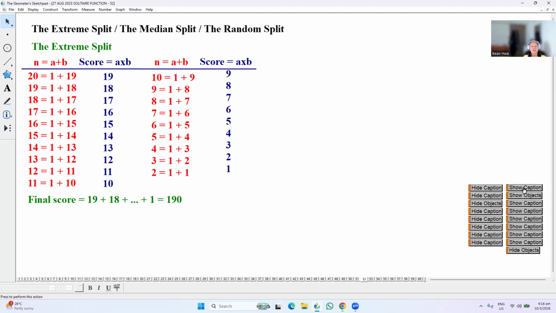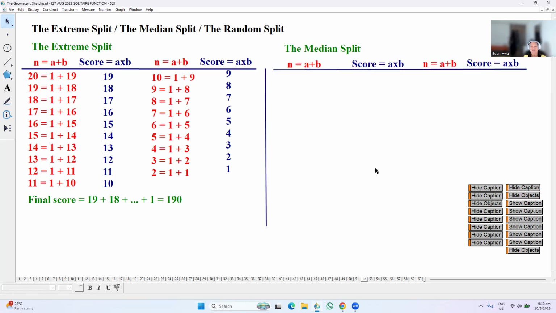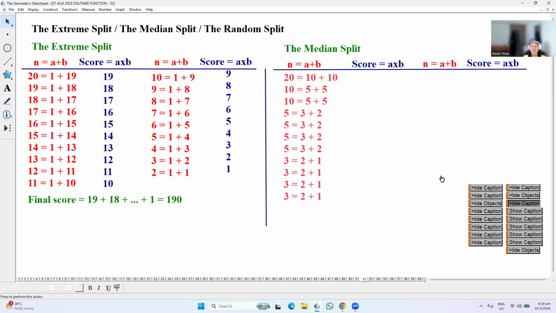Now let's look at the median split. We also prepared a table to record the split and the score. So for the median split, we use the number nearest to the median.